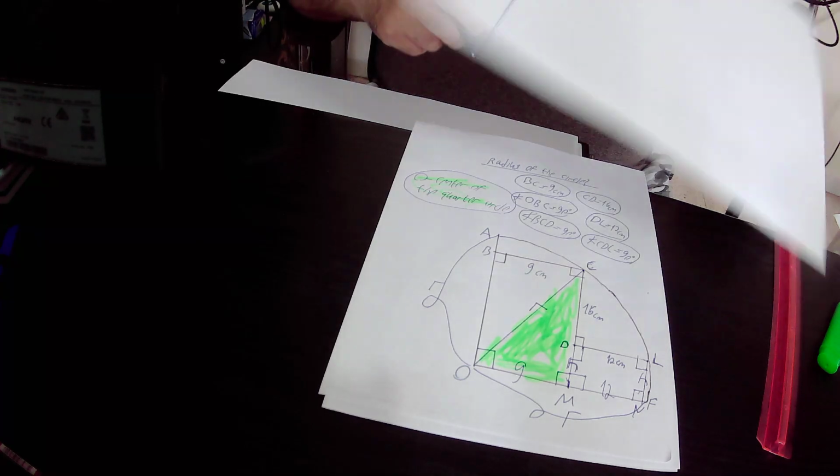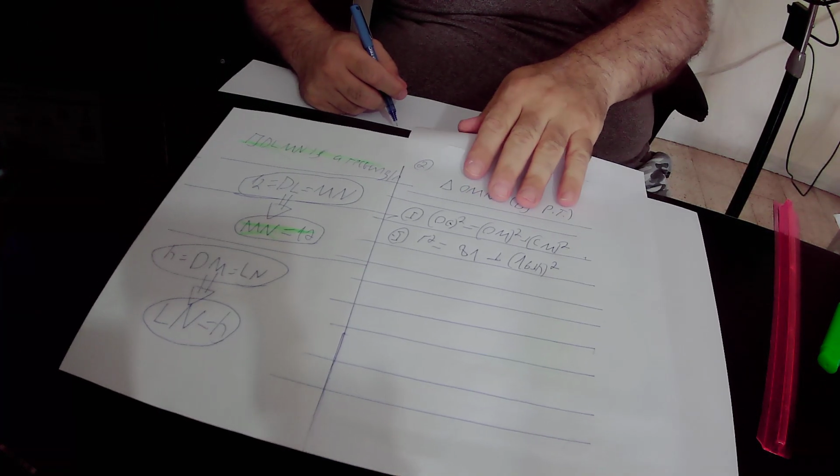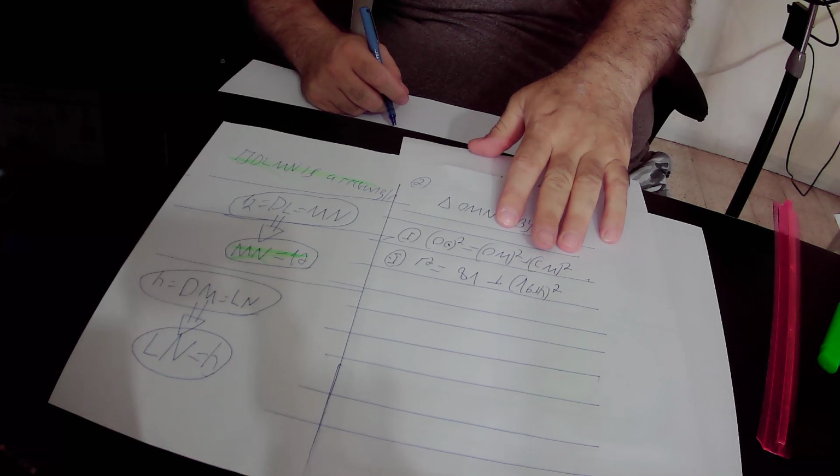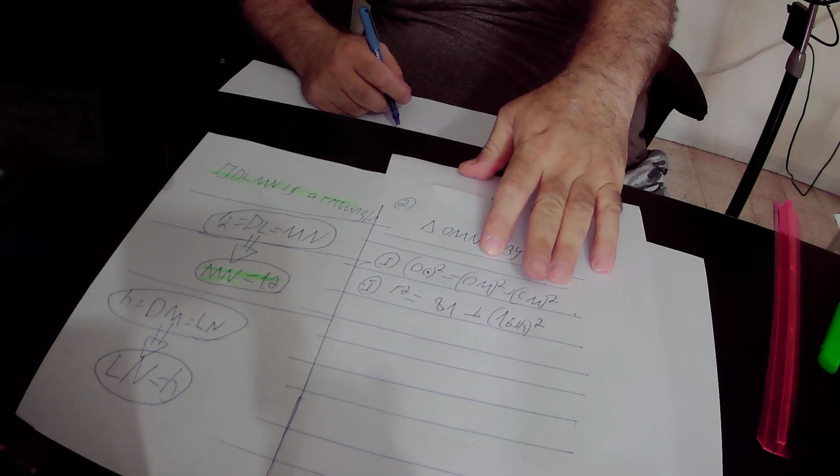So, in conclusion, according to equation number 1, R square equals 81 plus (16 plus H) square.